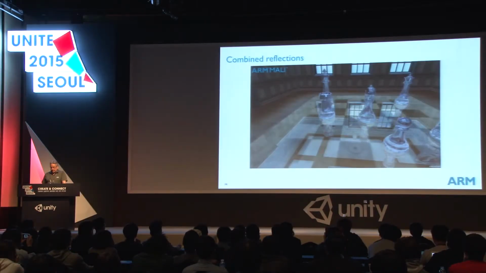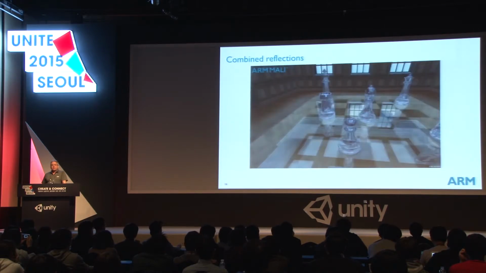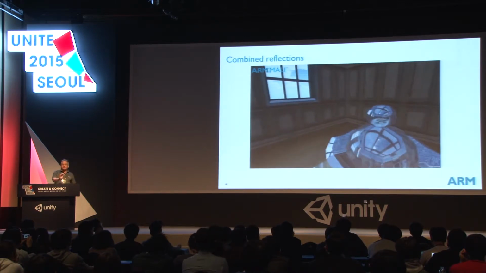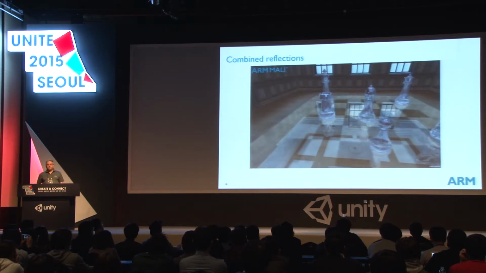For example, in this picture, the reflection from the chess pieces, which are dynamic objects, is rendered at runtime to a texture which is then projected onto the chessboard.